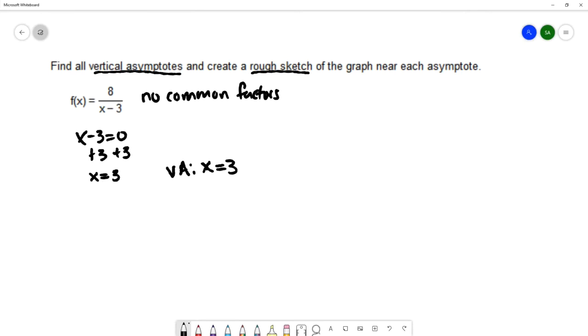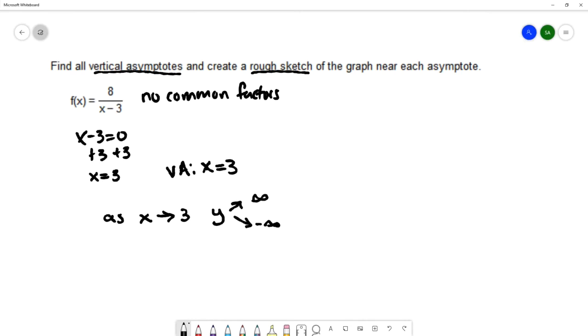To be a vertical asymptote, that means that as x is approaching the value of 3, your y is either going to approach infinity or it's going to approach negative infinity.